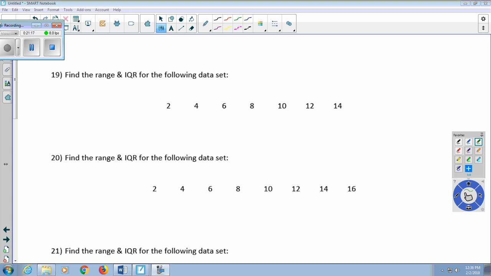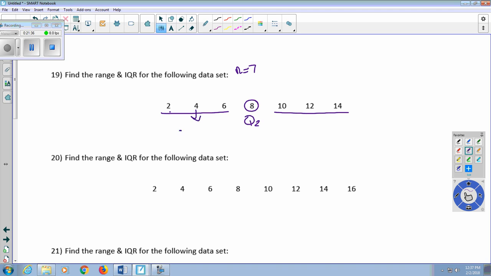So let's see here. We have n equals 1, 2, 3, 4, 5, 6, 7. N equals 7, so our middle value is going to be 8. This is my Q2. By hand, I'm going to just use these and these to find Q1.